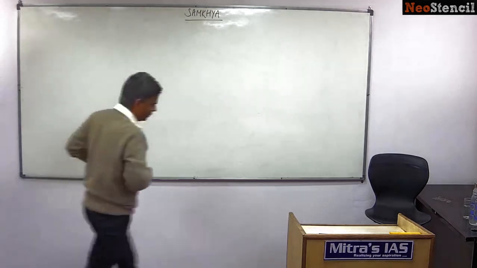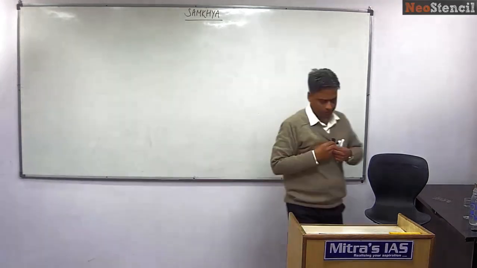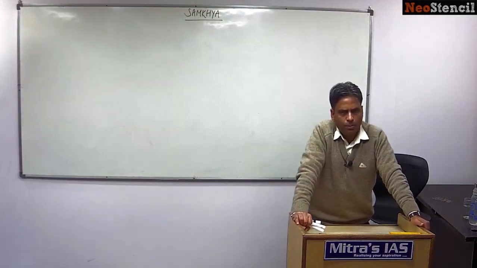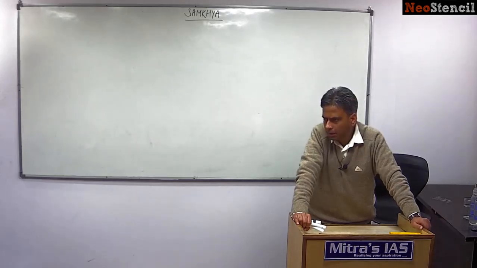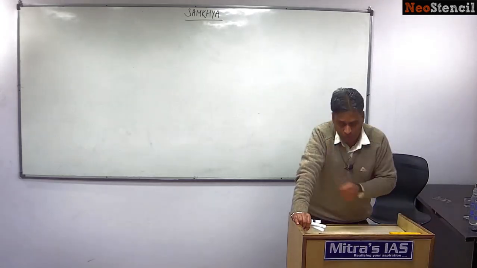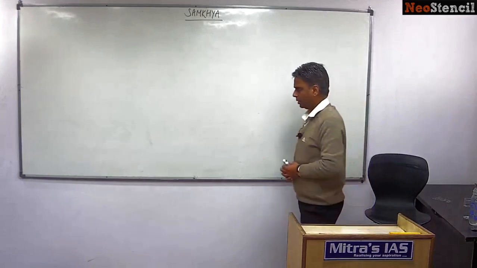So Samkhya is one of the oldest schools. Now before coming directly to Samkhya, we will first discuss some basic issue in Indian schools of philosophy. There is one issue, there is one debate, on some issue. We will see that first and then I'll come to Samkhya.